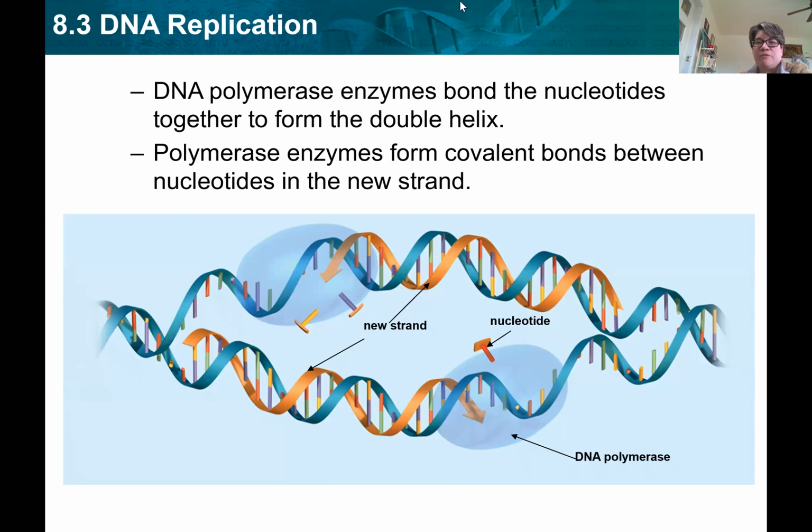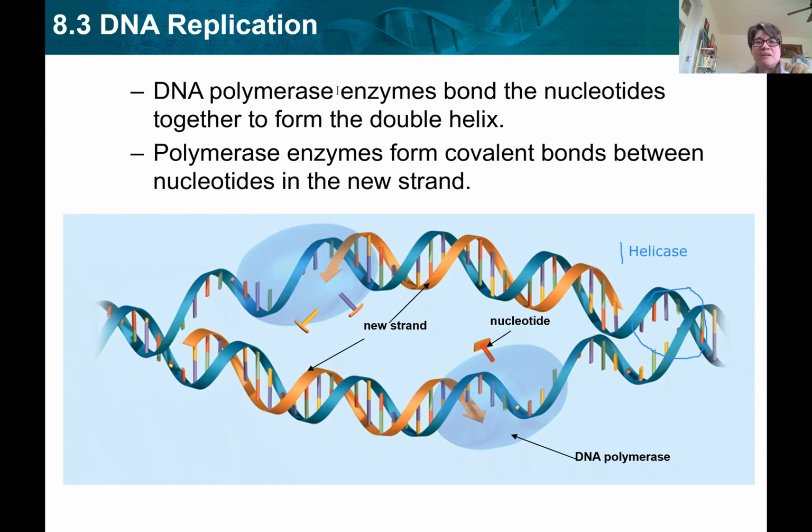So let me draw it for you. Okay, so right here you have an enzyme that is called helicase. And that is the enzyme that unzips the helix. This is called a double helix, and it unzips it.